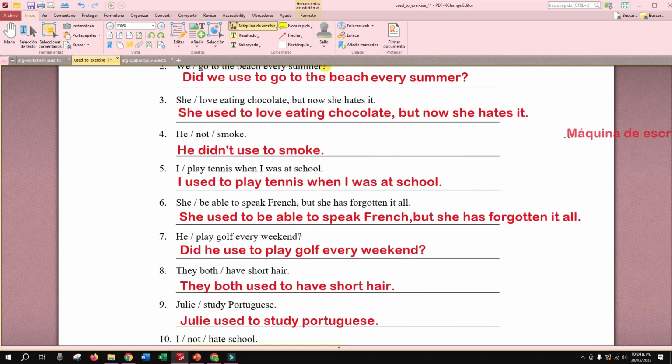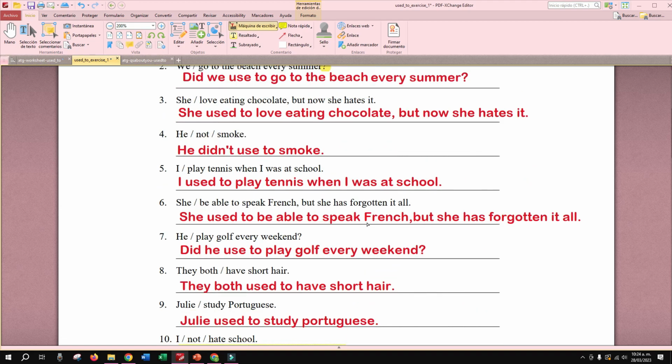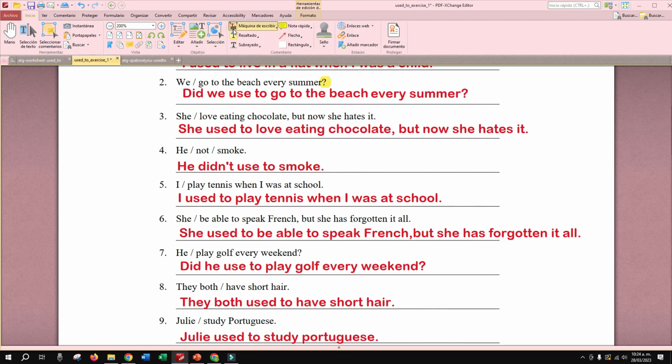Yeah, that is a gerund. In number 3, that is a gerund, Diana. Because what is your main verb here? Your main verb is love, right?